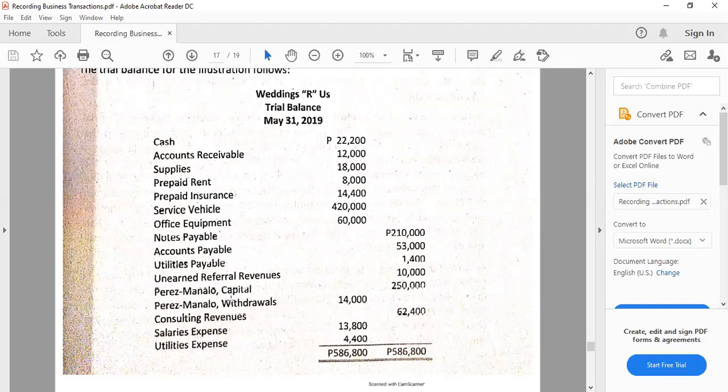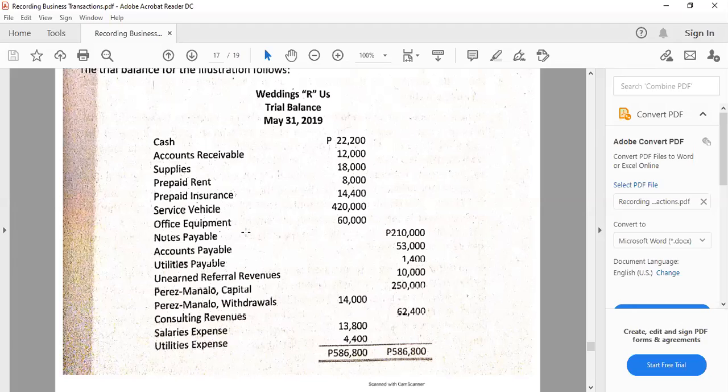And then notice on utilities payable, so unpaid utilities expense, that's a liability, and unearned income is also a liability, while prepaid rent is an asset, which will be discussed more as we go to the next chapter involving adjusting entries, which is like the heart and in which most students like you would have the challenge. So we are excited about that though.